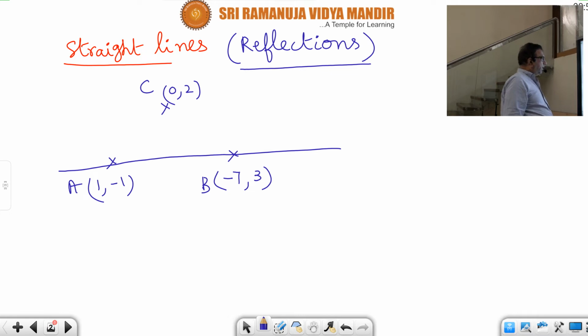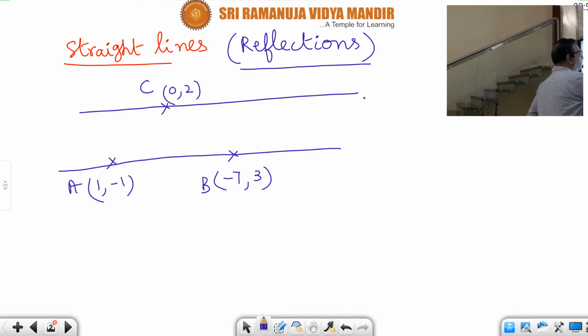So I want the equation of the straight line passing through 0, 2 and parallel to the line AB. Parallel to the line AB means you have to use the same method. For AB, the difference of y coordinates, if you take it like this, you are getting -4.